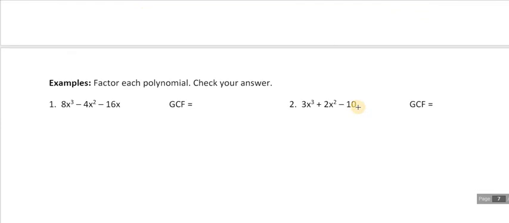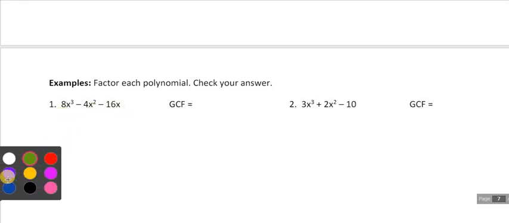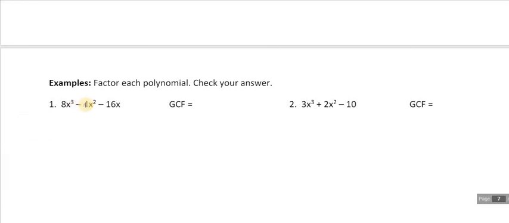So jumping into our first example, number 1, we have 8x cubed minus 4x squared minus 16x. Okay, so the polynomial is in standard form, highest power down to lowest power. And now let's see if we can identify what all 3 terms, if anything, they have in common. So looking at the smallest of the numbers, 4, does 4 divide evenly into the other numbers, 8 and 16?